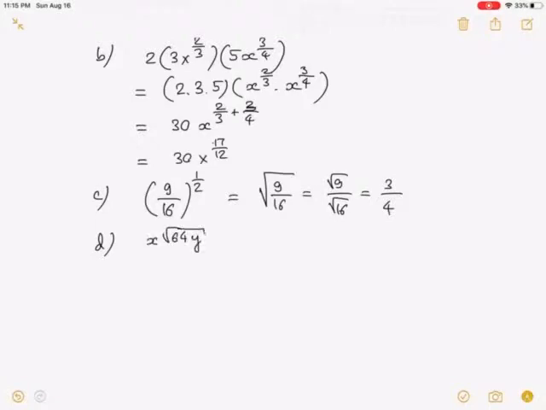Simplify. x square root of 64y plus 4 square root of y over square root of 128y.